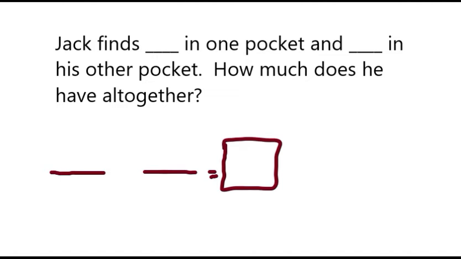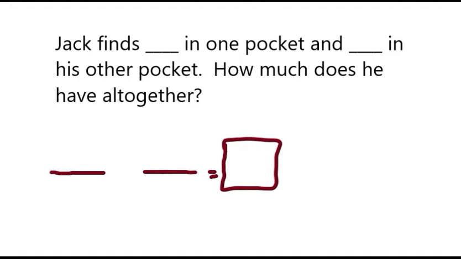Okay, I'm going to come over here and reduce my pen size, and change the color of the pen. Now, looking at this, we're going to dissect this problem a little bit. Jack finds some money in one pocket and some money in the other pocket, and now we're being asked how much he has all together.